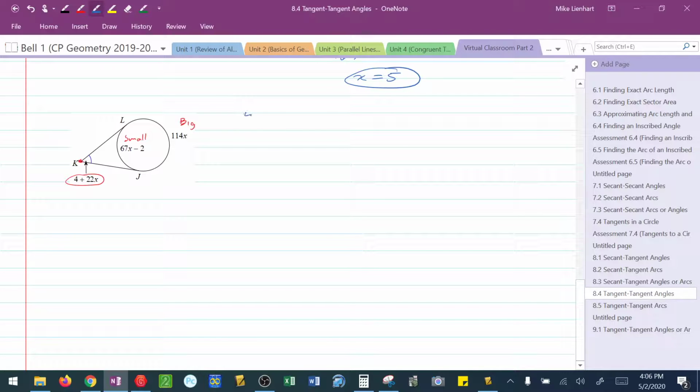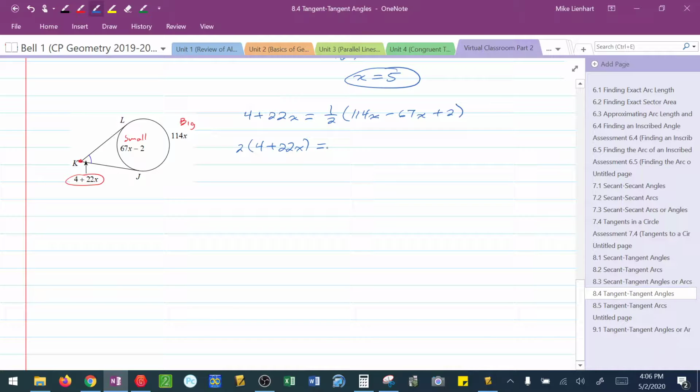I've got 4 plus 22x is equal to half of big 114x minus small. Now remember, you have to subtract each of the pieces of the small. So that would be minus 67x. And then instead of saying minus 2 there, it's minus negative 2, which would be plus 2. The first thing I see is I am not sure about distributing that 1/2. So I'm going to multiply the left side by 2. Remember, we can always do that.